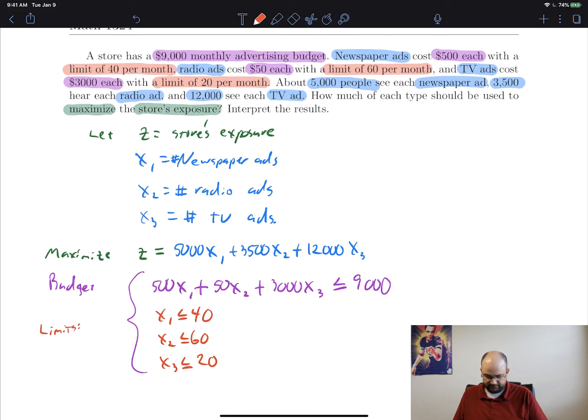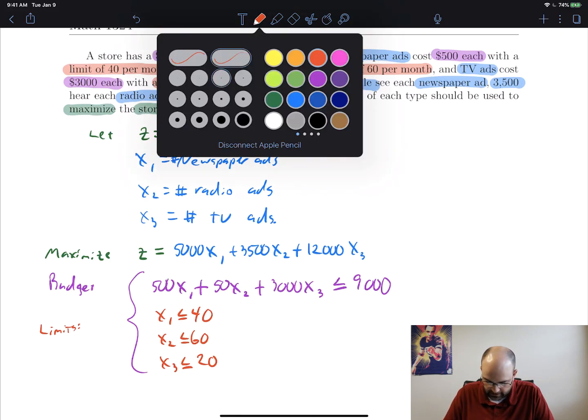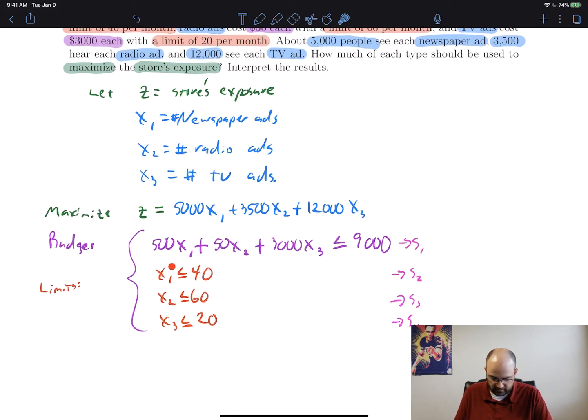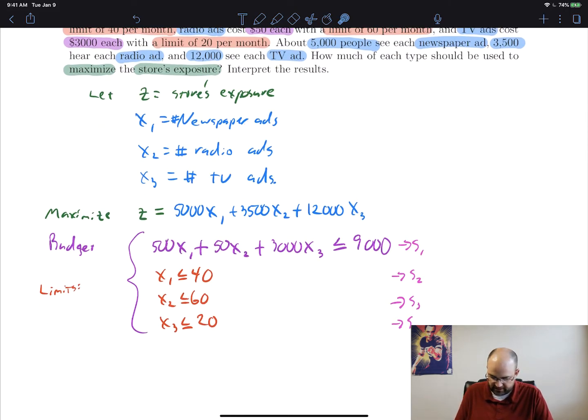Good. Now, out of all that, S1 is representing the budget. S2 will represent the limit on newspaper ads. S3 will represent the limit on radio ads, and S4 will represent the limit on TV ads.